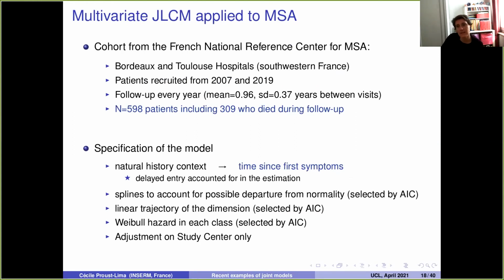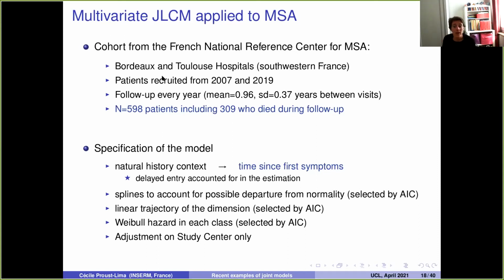So I estimated that on the cohort that we have the opportunity to analyze. It's a cohort from the French National Reference Center for MSA, which is based in Bordeaux and Toulouse Hospital. So that's in southwestern France, and I live in Bordeaux. All the patients who were diagnosed with MSA between 2007 and 2019 in France and who wanted to go to those reference centers were included in the cohort.